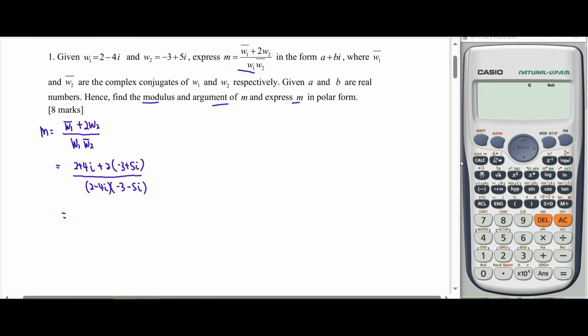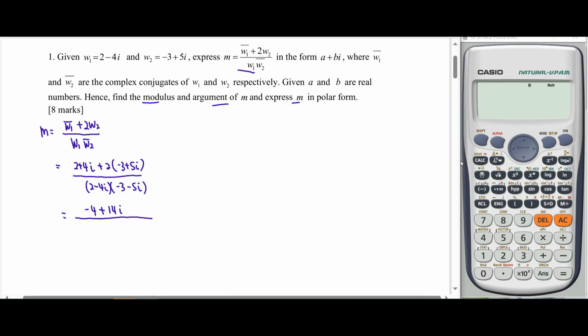Alright, so we simplify first the numerator and denominator. This is 2, and then expand, minus 6. So 2 minus 6 will give negative 4. And then 4i plus 2 times 5, 10i. 10i plus 4i, we get 14i.